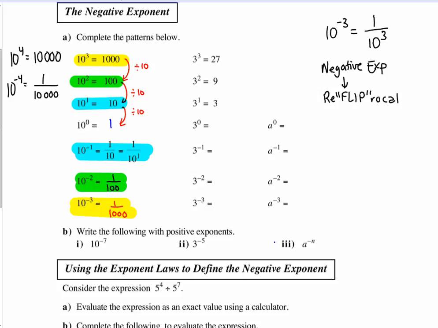So basically, it moves the exponent from the numerator to the denominator and then becomes positive. Or if it was on the denominator, it will move to the numerator and then become positive. So in order to cross that line of numerator or denominator, the sign will change.